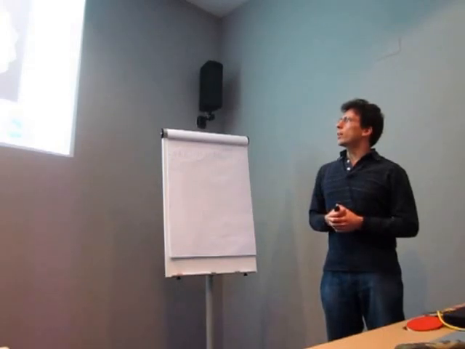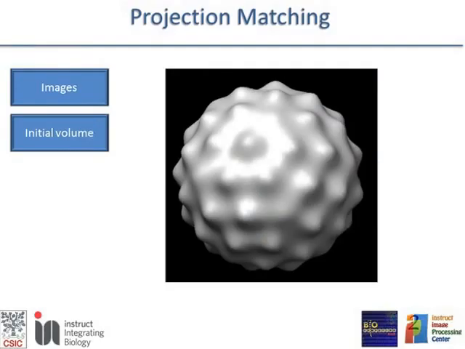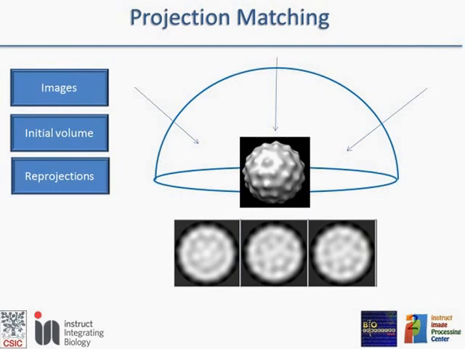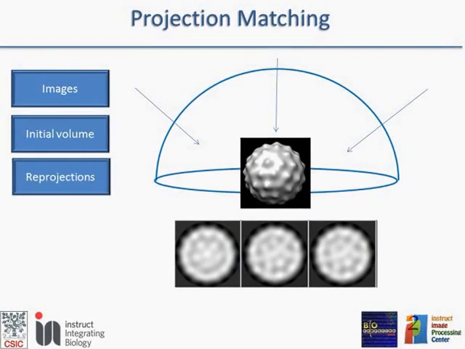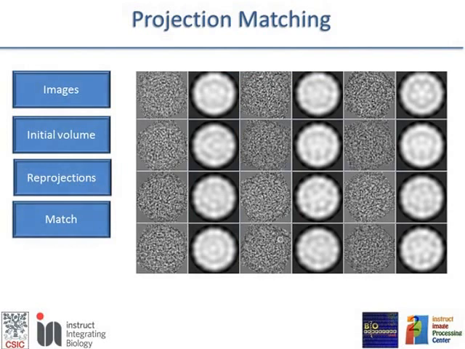Then you take an initial volume, something that is related to your structure, but it is not your structure. Then you try to project your volume into all different projection directions that you can imagine, and you have a gallery of reprojections from your initial volume.